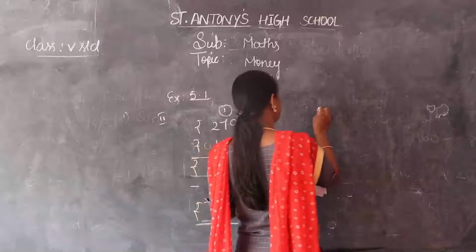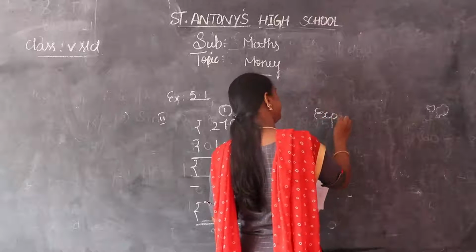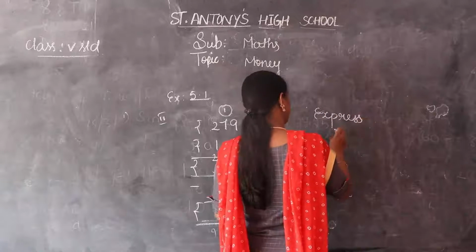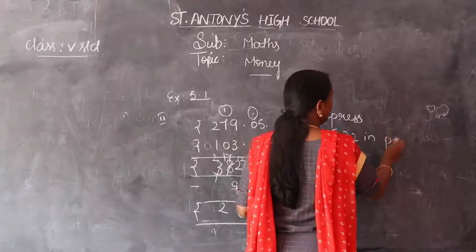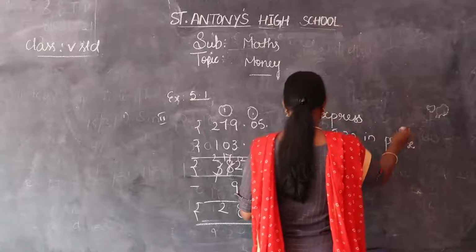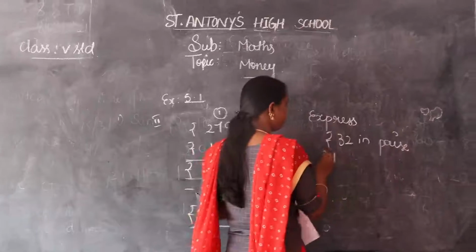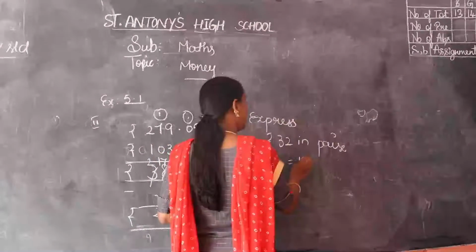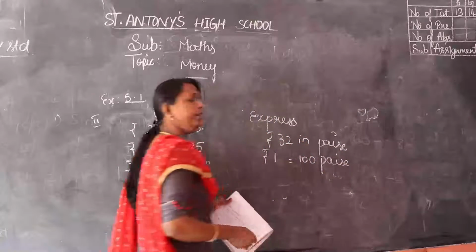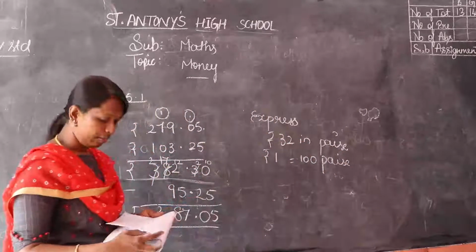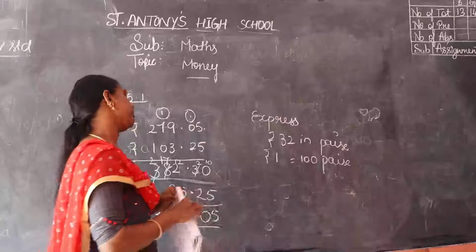Okay. First one, express rupees 32 in paisa. P-A-I-S-E, paisa. Children, we know that rupees 1 is equal to 100 paisa or paise. We know that 1 rupee is equal to how much? 100 paisa.